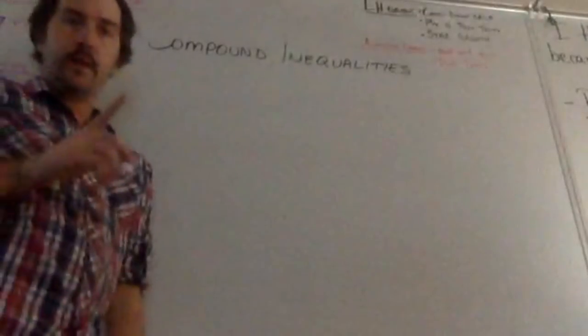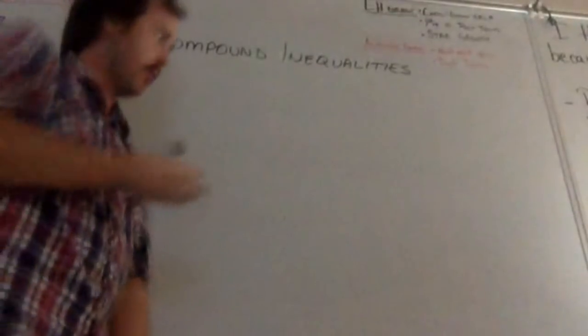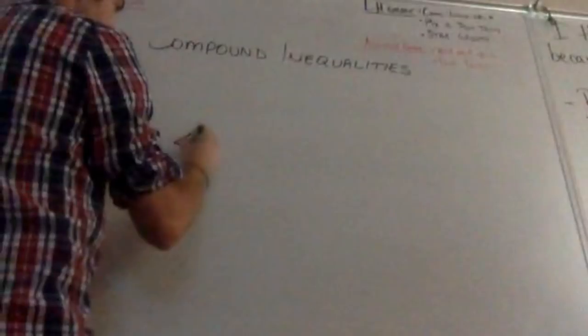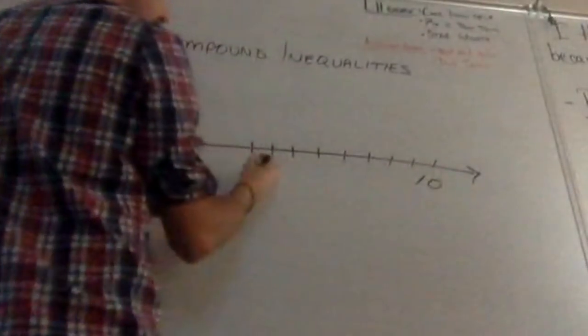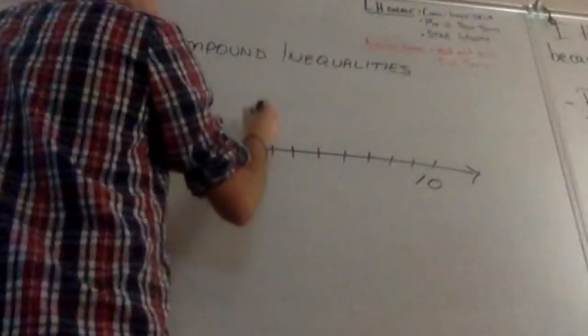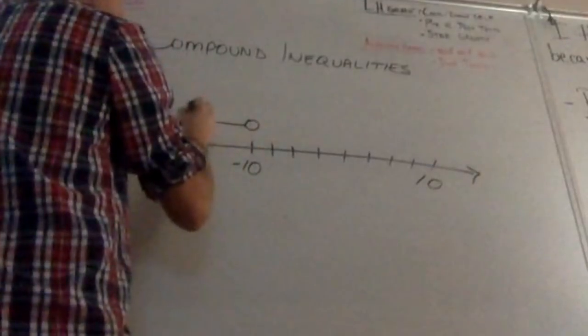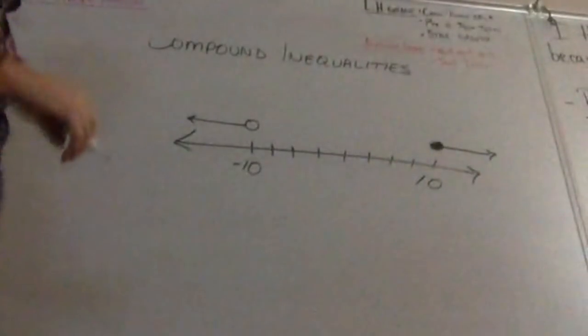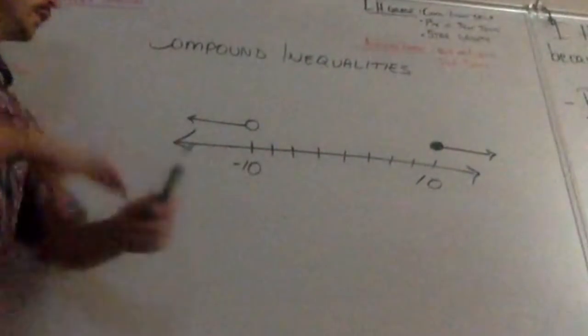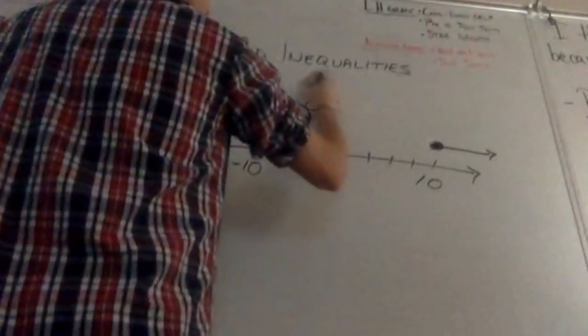Now there's one last type of inequality I want to talk about. One where the graph goes like this. If this was 10, say that was 10, and this is negative 10, and my lines went that way. They don't meet. They're two separate things. What happens here is this is an OR statement.